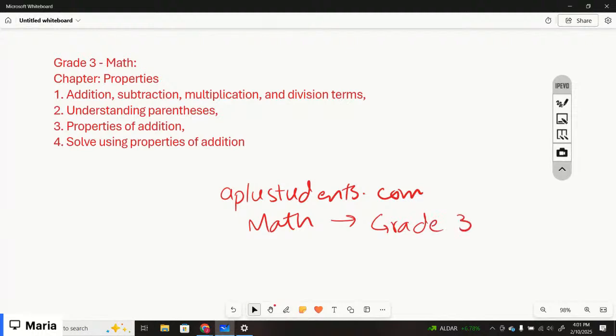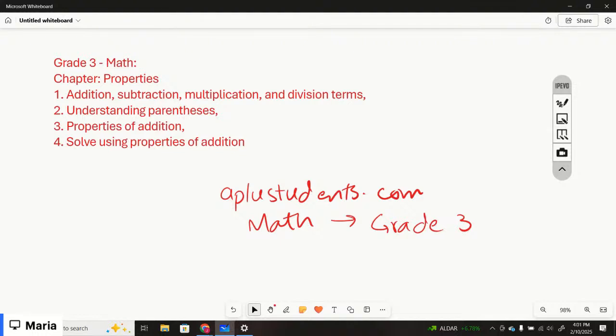Scroll down to grade 3 math and then click on view all lessons. There you can find the list of the chapters.